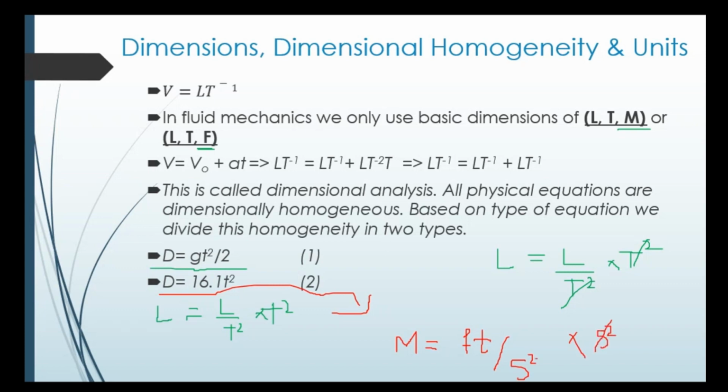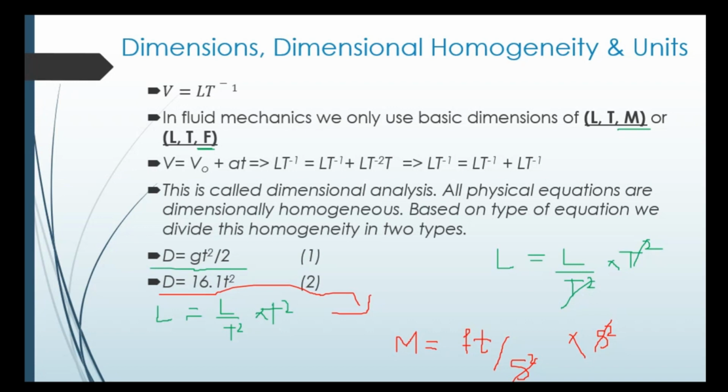Second square will cancel with second square, but meter cannot be equal to feet. So your equation is not homogeneous in SI system. It should be homogeneous in English system, because 16.1 is a constant that has units of English system. On the other hand, if I want to make it homogeneous in SI system, I have to use value of g as 10 meter per second square. Is it clear?